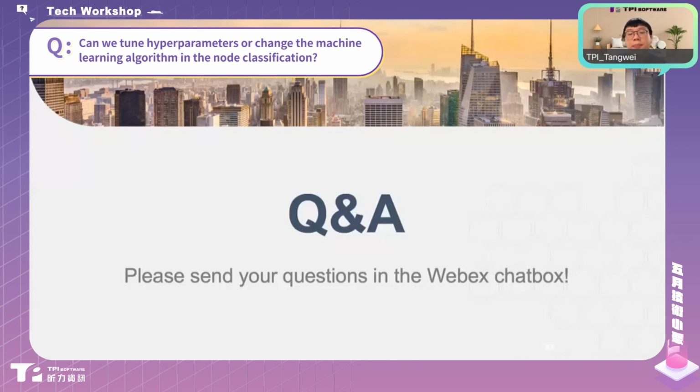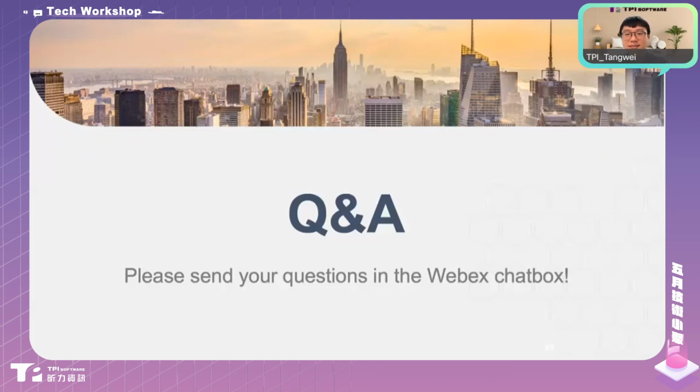More detailed information is explained in the Neo4j GDS operation manual. If you want to check which hyperparameters you can tune in Neo4j, you can go to the Neo4j website and see the optional manuals. So have I explained that clearly?